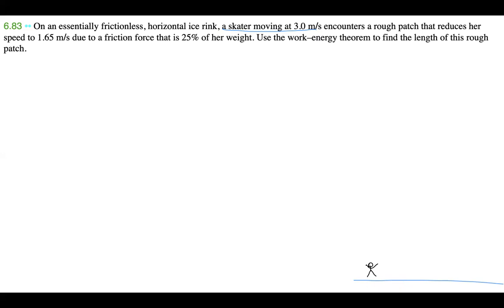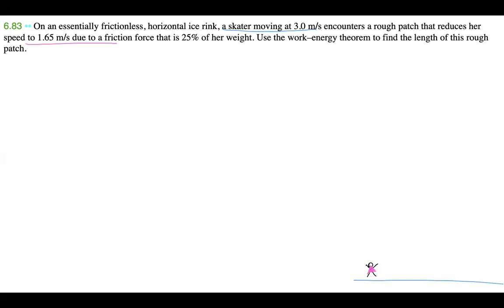Oh, well, it's a her, so we're going to give her a little dress. Because I already drew the skater so small, I'm going to give her a little triangle dress like I used to draw on stick people when I was like 3. And reduces her speed to 1.65 meters per second due to a friction force.